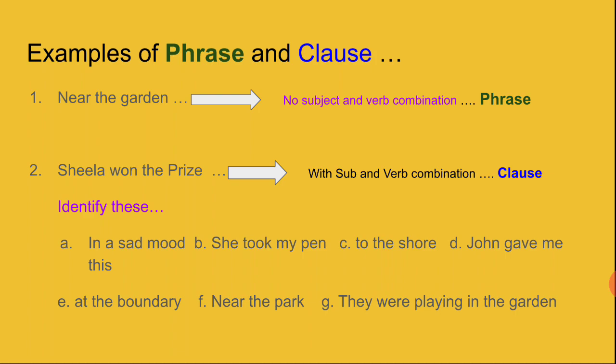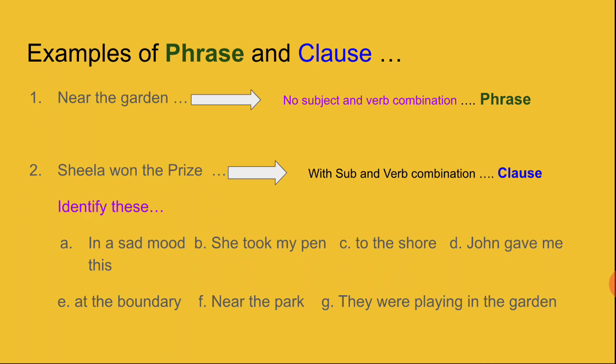Okay, so I've given you seven groups of words which you need to identify and send it to me. Okay, in a sad mood. Is it a phrase or a clause? Do you find any verb there? So look at example B. She took my pen. She took my pen. Do you find any verb?